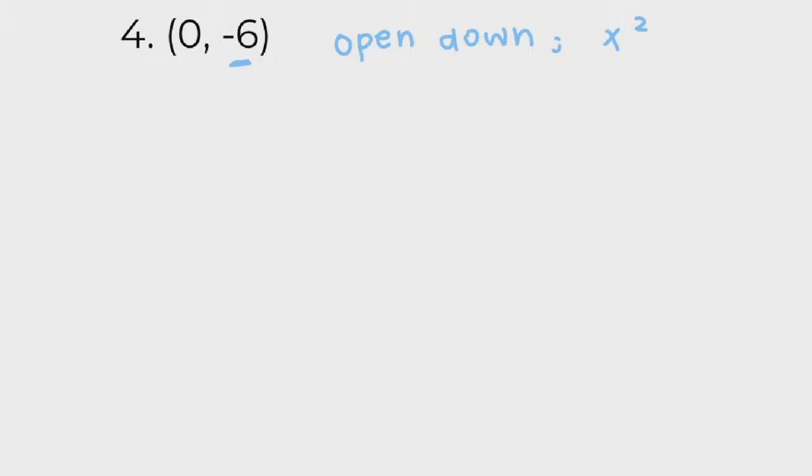So we also know that p equals negative 6, and we're going to plug it into the equation where x is squared. So it's going to be x squared equals 4py. And we're going to plug in negative 6 for p. So x squared equals 4 times negative 6y. So that means x squared equals negative 24y.